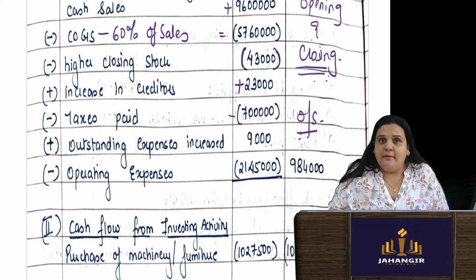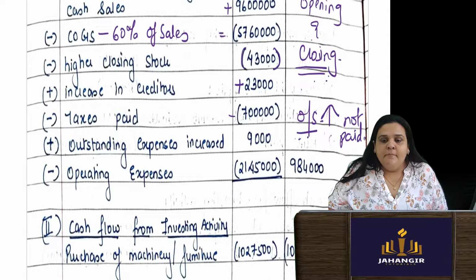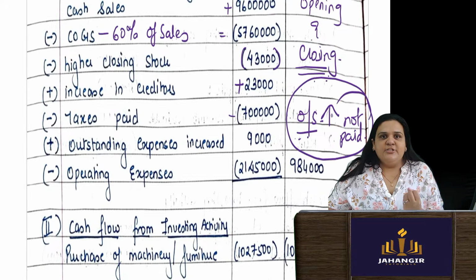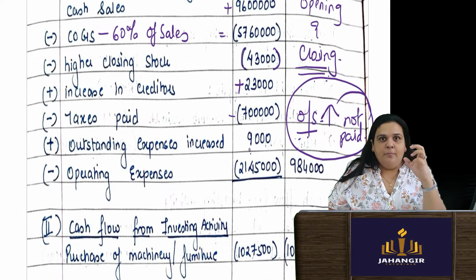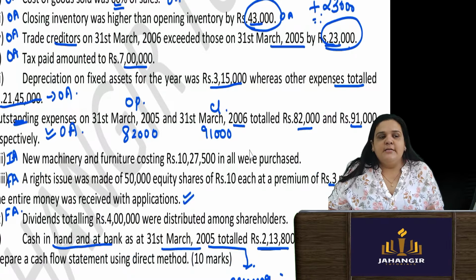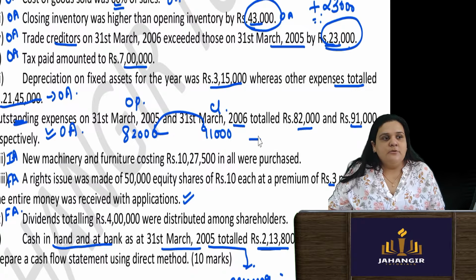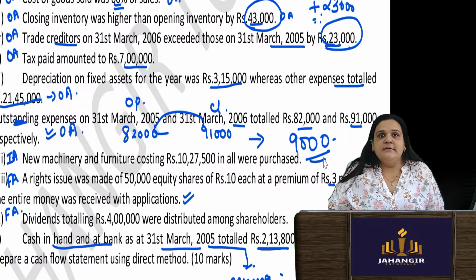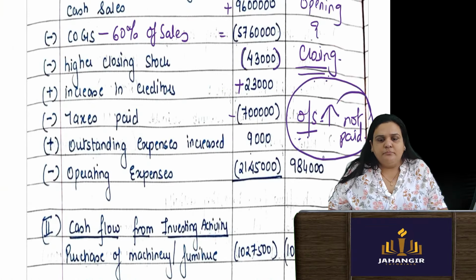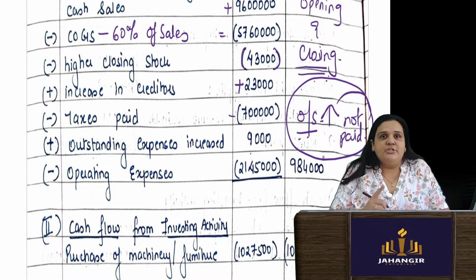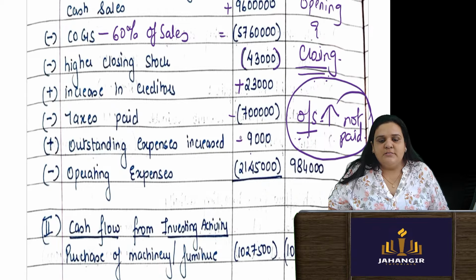I have to pay, I have not yet paid. Increased means not paid. So to that extent, I am holding the cash with me. That is 9,000 rupees, closing minus opening, 91,000 minus 82,000. How much is the cash flow? The increase in the outstanding expense, 9,000. So to that extent, my cash is not moving out. So I am going to put it as a positive.